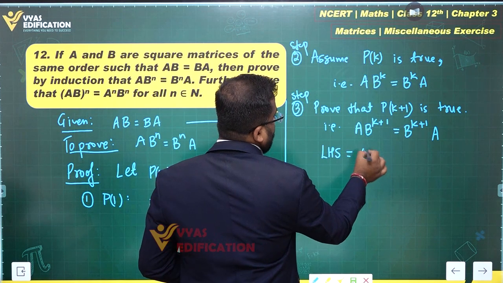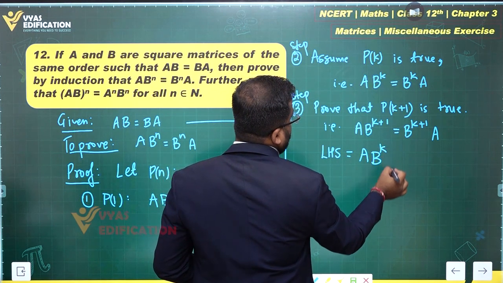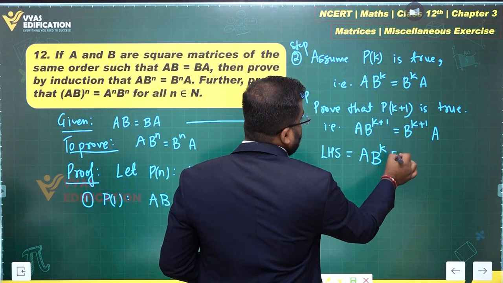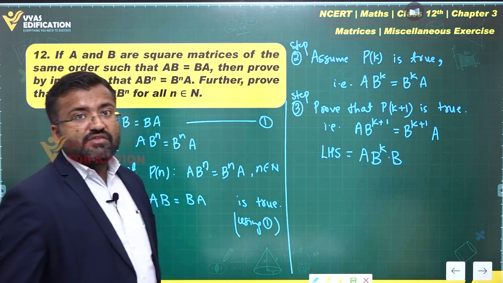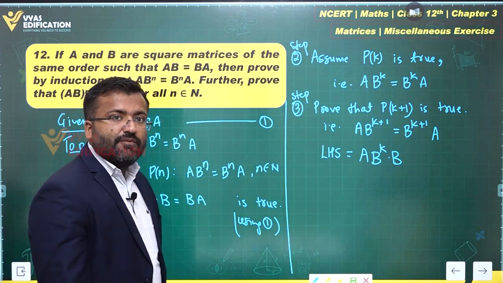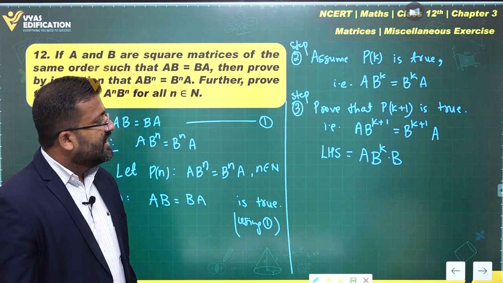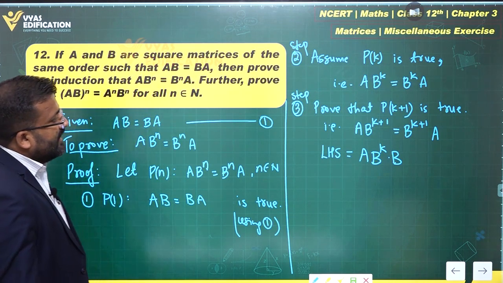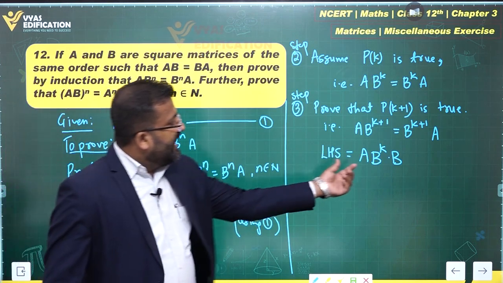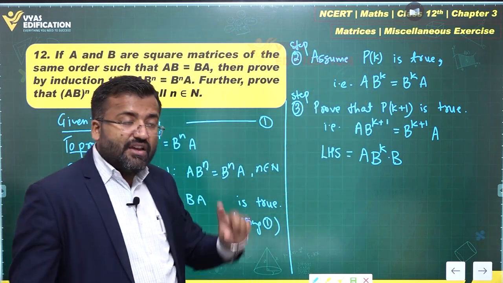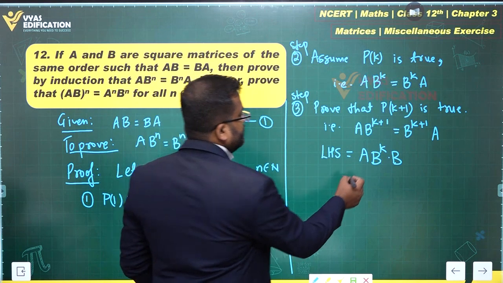LHS is equal to (AB) power k times AB. Can you observe that? (AB) power k plus 1 can be written as (AB) power k times AB, in this manner. What else? Once we have this, then (AB) power k can be replaced by A power k times B power k with the help of that assumption.